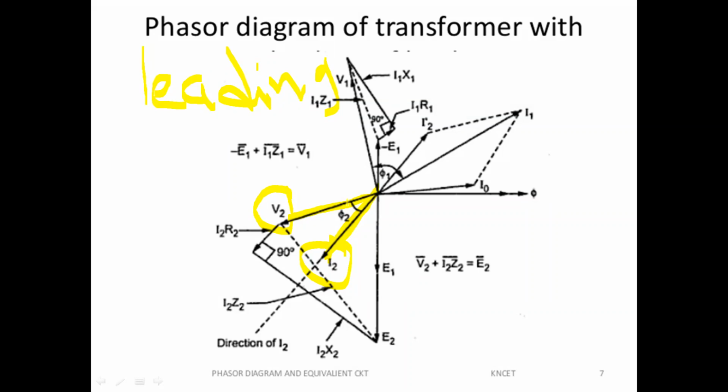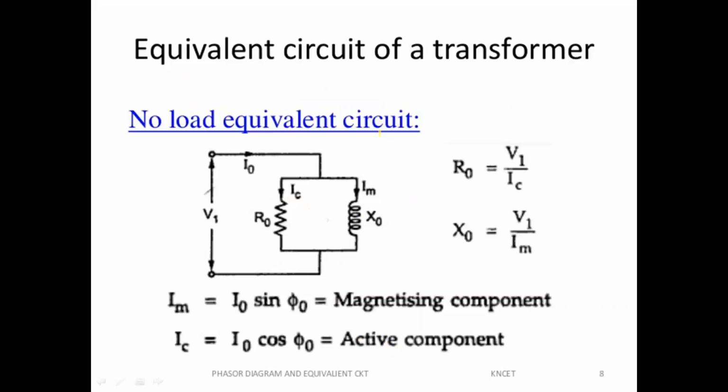Pure leading means voltage and current are 90 degrees apart. Not pure, not ideal: this is the resistance drop, and the reactance drop is perpendicular. Resistance drop and reactance drop together give the impedance drop. The formula is the same, but the positions of the currents, impedance drops and voltage drops change. This is the primary equivalent of the secondary current, opposite to the secondary current. The no load current is the same. The total primary current is the vector sum of the two. So these are the phasor diagrams of the transformers.